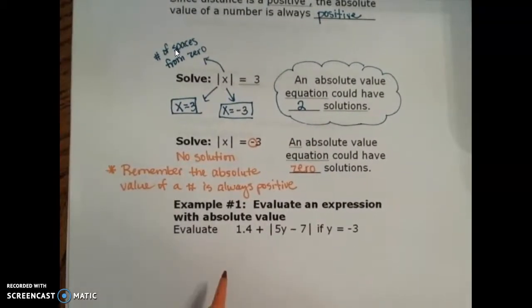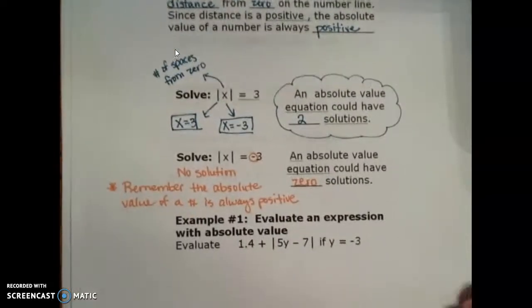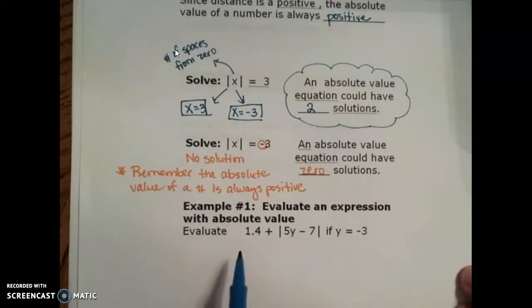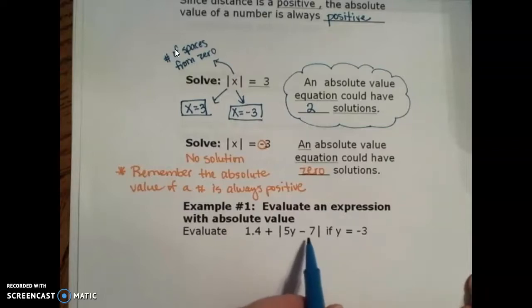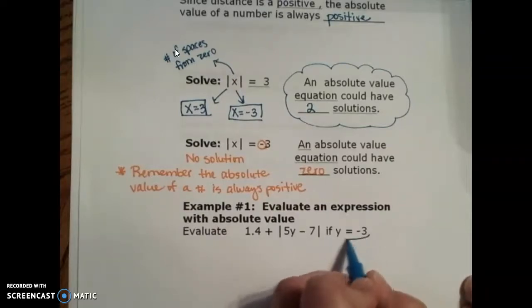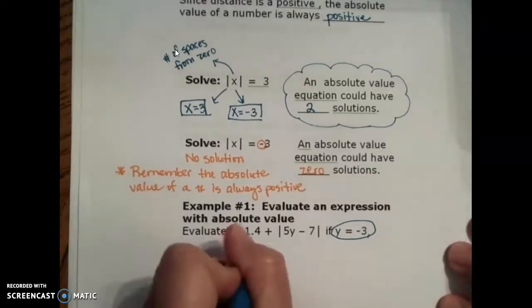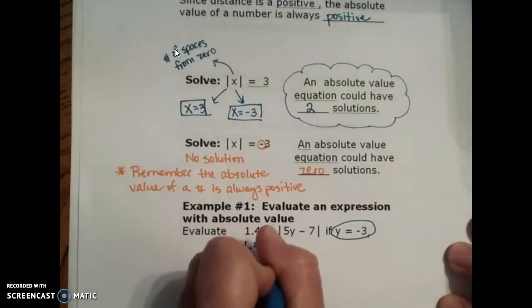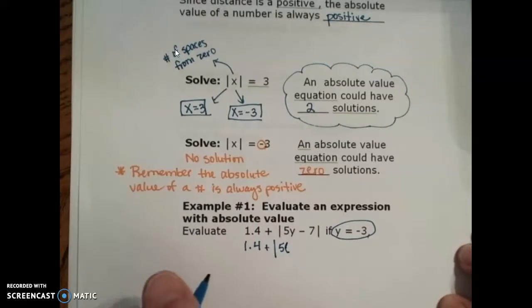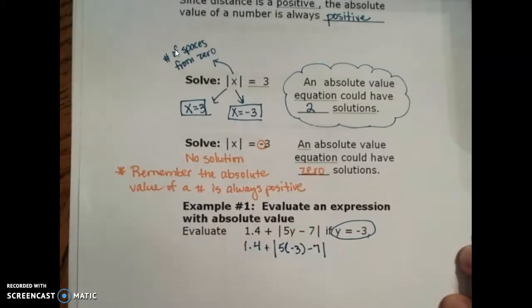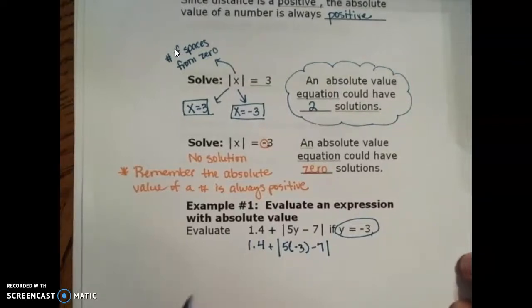So now let's work a little more complicated example. On example 1 here, it asks us to evaluate an expression with absolute value: 1.4 plus the absolute value of 5y minus 7 if y equals negative 3. So we're just going to substitute. So we're going to have 1.4 plus the absolute value of 5. Anytime we substitute, we want to put it in parentheses. And then you're just going to evaluate from there.